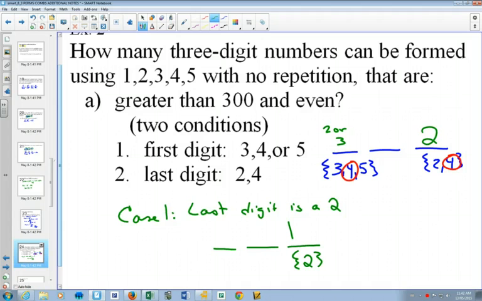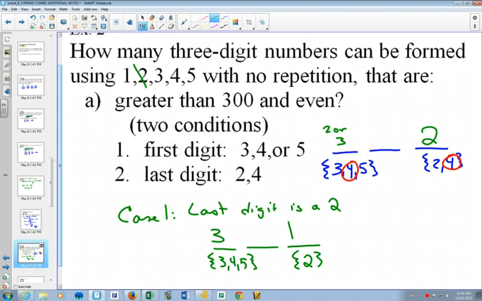Now my other restriction, that my first digit has to be a 3, 4, or 5, how many choices do I have for that? It can be any one of those, so I have 3 choices. There's no restrictions on my middle number, but I've used up my 2 and 1 other number for my first digit.